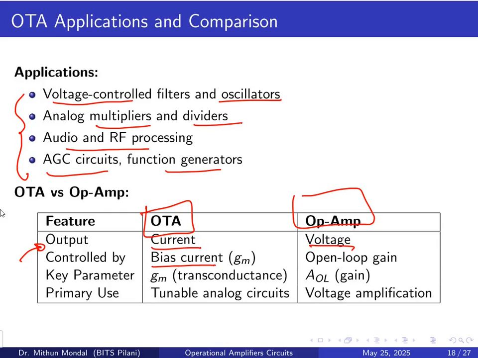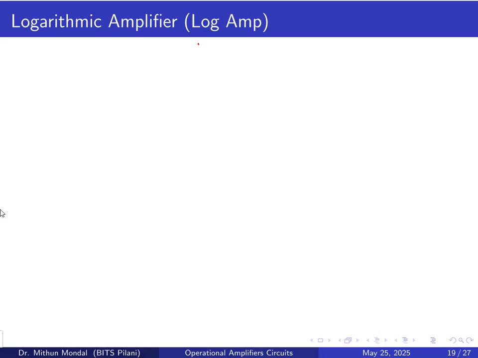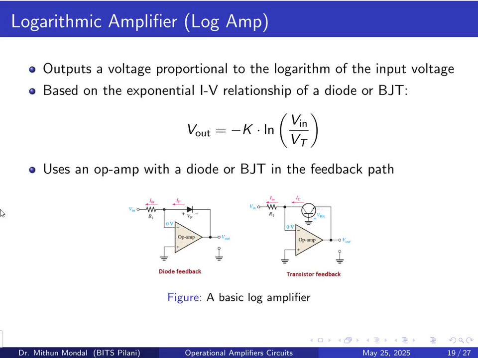OTAs are controlled with the bias current, op-amps are controlled with open loop gain. The key parameter is the transconductance in OTA, and op-amp will have the open loop gain. The primary use is tunable analog circuits, and here you have voltage amplification as one of the applications of op-amp. Another circuit we have is the log amp. These are special cases of op-amp circuits.